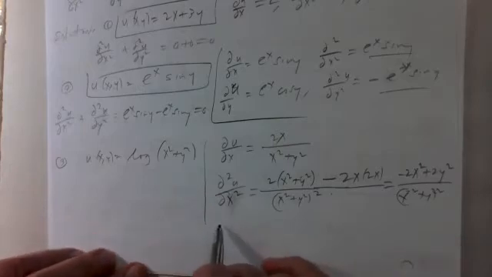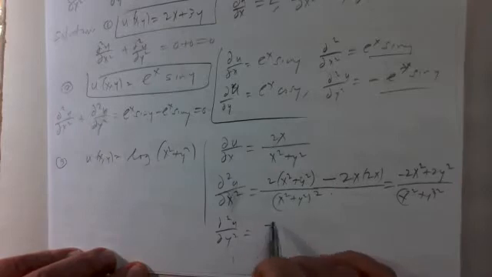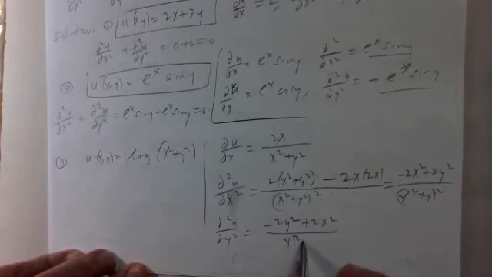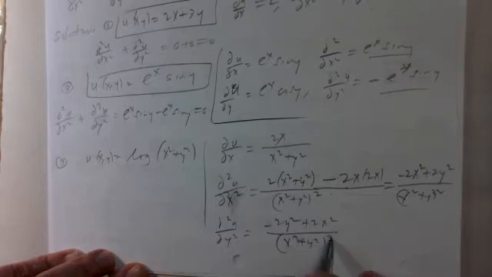And there's a symmetry here. If you differentiate u with respect to y twice, you should get minus 2y squared plus 2x squared over x squared plus y squared squared.